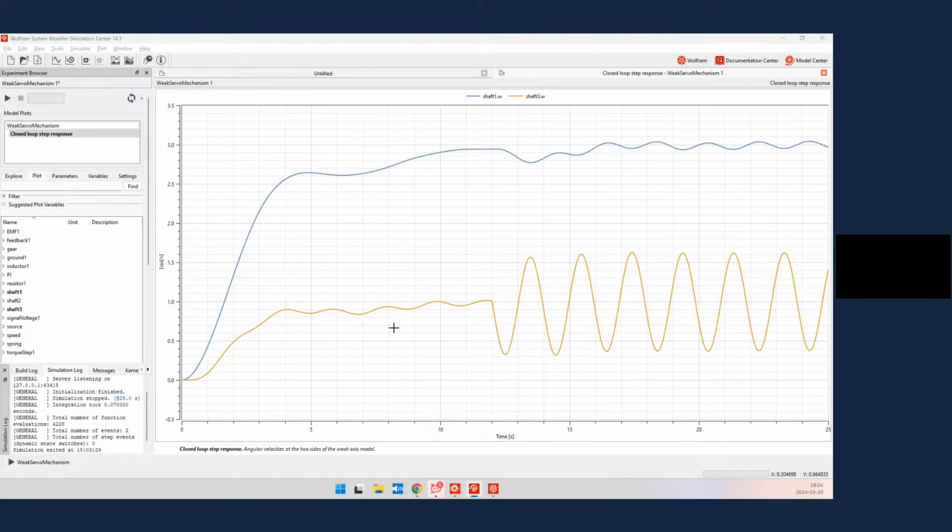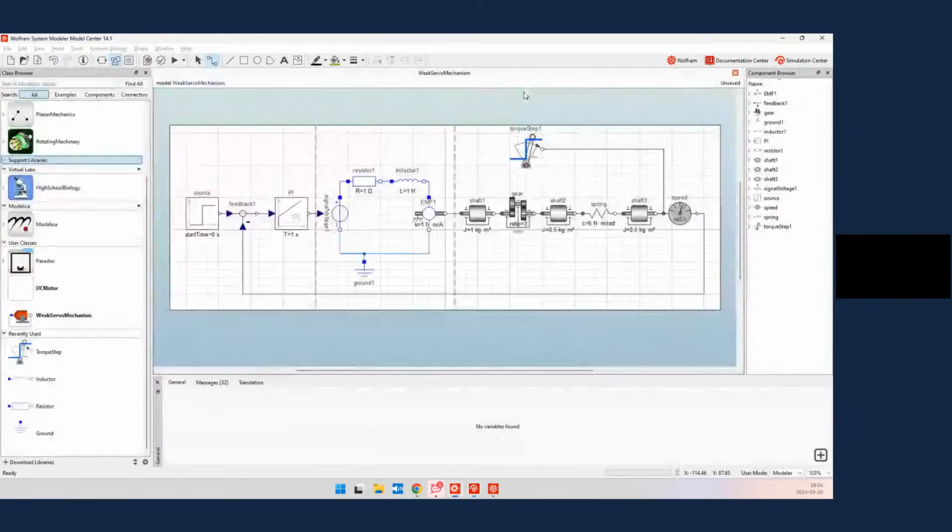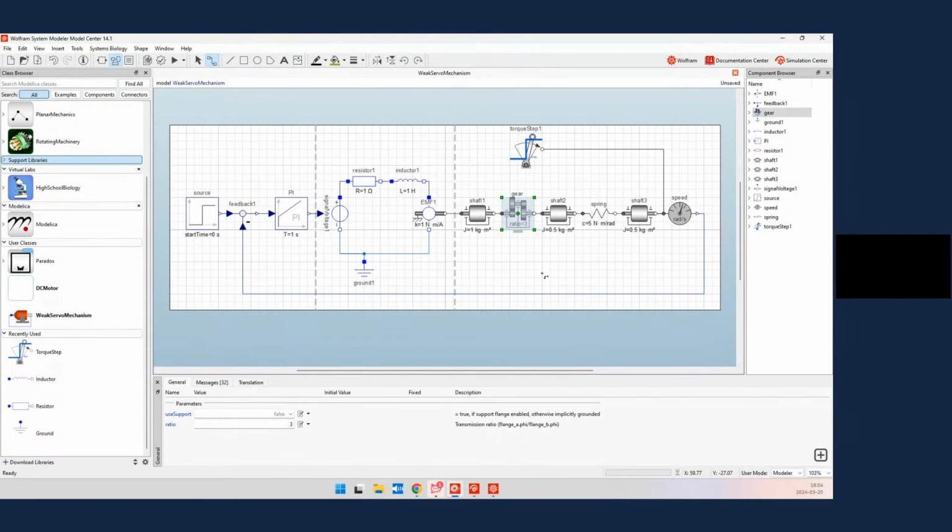If I head back to the modeling environment before I leave the word to Vedat, I'd like to point out that in this small example there is actually a small, simple gearbox. In this case, it's an idealized gearbox.